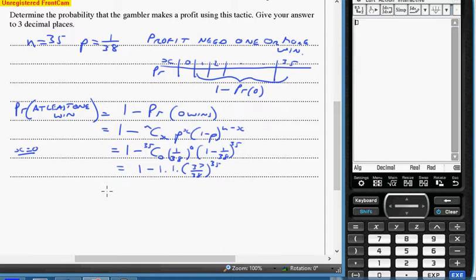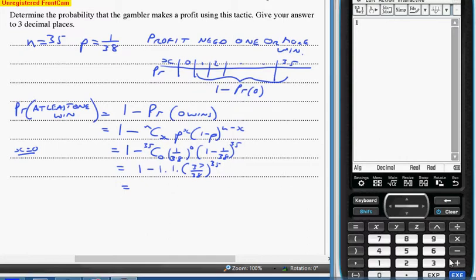I'll just do that on the calculator. Here we have 1 minus, open bracket, 37 divided by 38, close the bracket, all to the power 35, and it's that. And again, of course, read the question carefully.